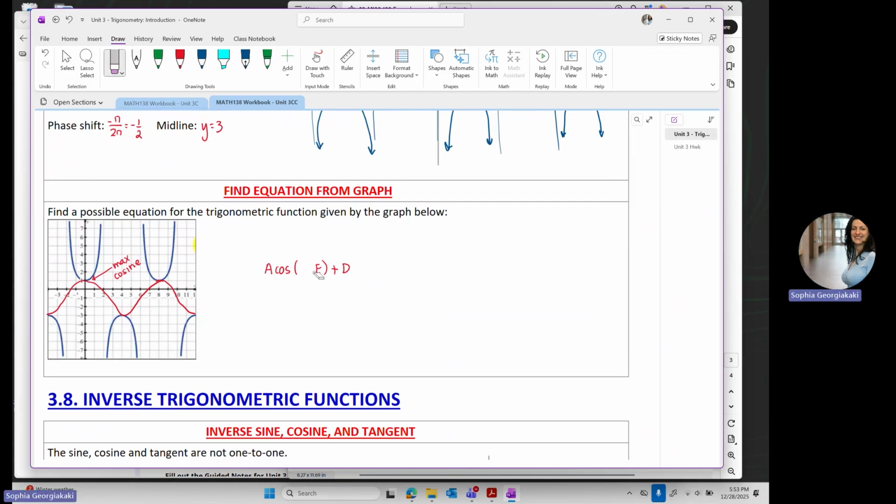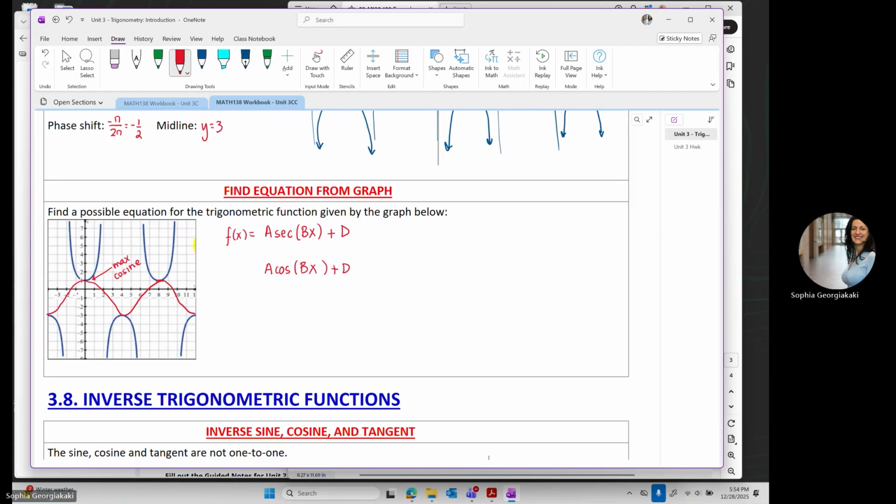I don't want to have a phase shift, so I don't want to have an e or a c. So that means that I am going to be describing this graph that I was given as a secant of bx plus d. The a's and the b and the d are equal to each other. So I'm looking for this function, f of x equals a secant bx plus d, and I'm going to use its reciprocal, a cosine bx plus d, to determine the coefficients.